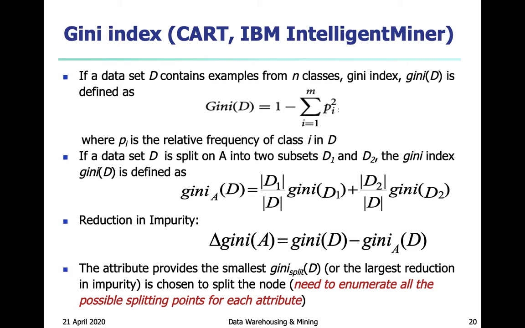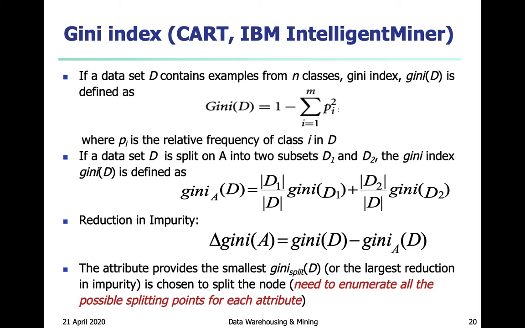When considering a binary split, we compute a weighted sum of the impurity of each resulting partition. For example, if a binary split partitions D into D1 and D2, then the formula is Gini of D for a particular attribute A equals |D1| by |D| into Gini D1 plus |D2| by |D| into Gini D2.